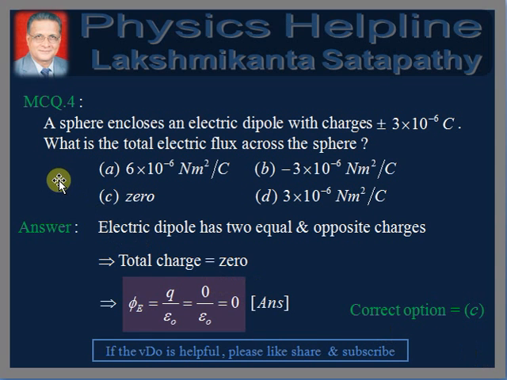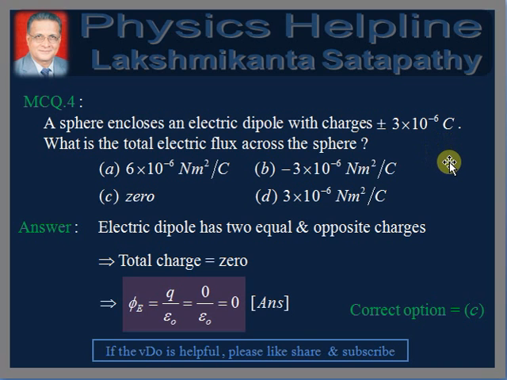Now, for question 4. This is a multiple choice question which again doesn't require any calculation. It is given that a sphere encloses an electric dipole having charges plus or minus 3 into 10 to the power minus 6 coulombs.